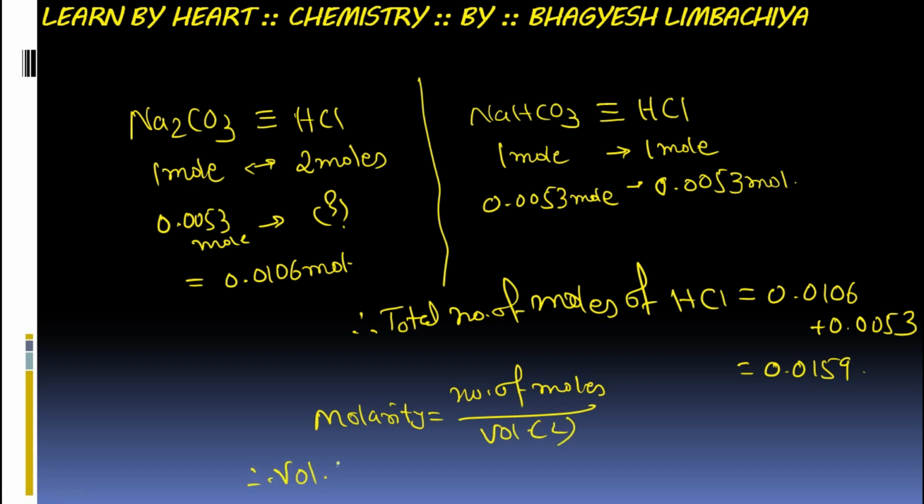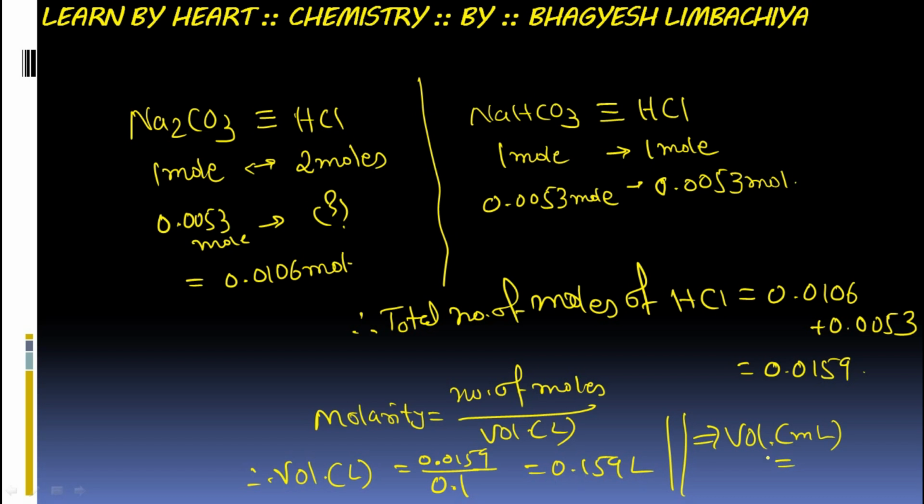So volume in liter equals number of moles upon molarity. Number of moles which are required are 0.0159, and it is divided by molarity, that is 0.1. So 0.159 liter, and you are asked the volume in ml. So volume in ml will be multiplied by 1000, so 159 ml. So this is our answer.